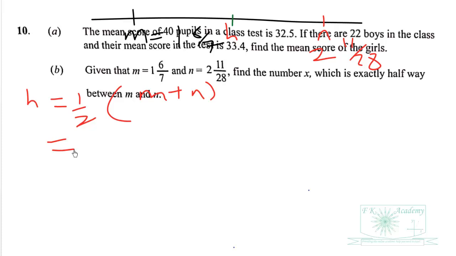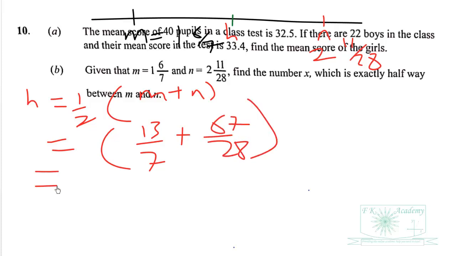It should be equal to m plus n over 2, or half of m plus n. So m, we have to change, one whole number 6/7, to a fraction, and that will give us 13/7. Then we add it to 2 times 28, which is 56. 56 plus 11 is 67/28. So we have half of, the LCM here will be 28. Then we know that 7 will go into 28 4 times, 4 times 13 will be 52.